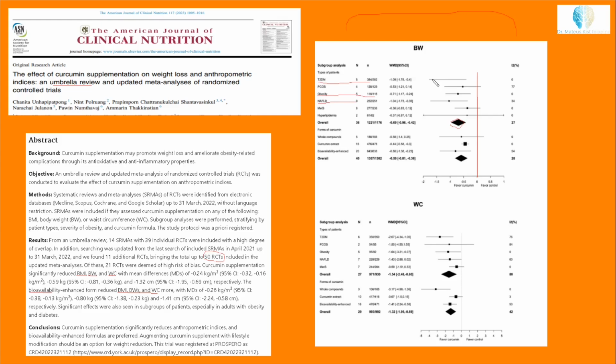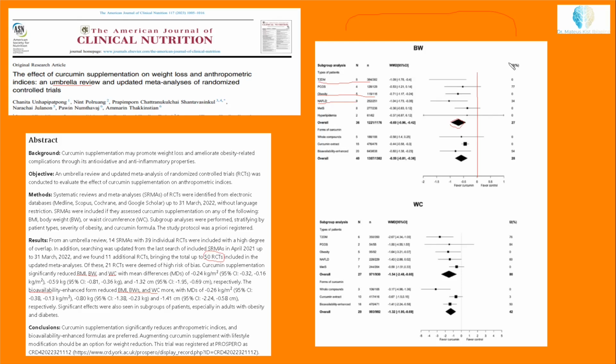Each line, sorry about that, that was my snack coming out of the oven. Back to the forest plot. So, each line is a study. When you sum up all the lines, you get this diamond. This diamond can be to either side of the line, so it might be to the left or to the right of the line.